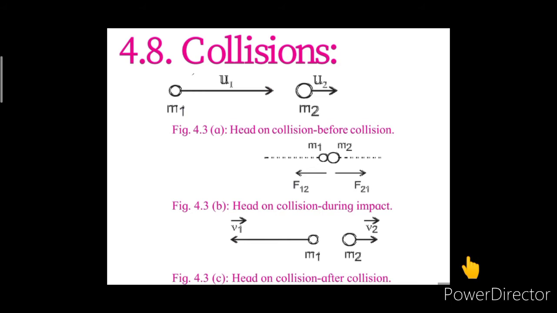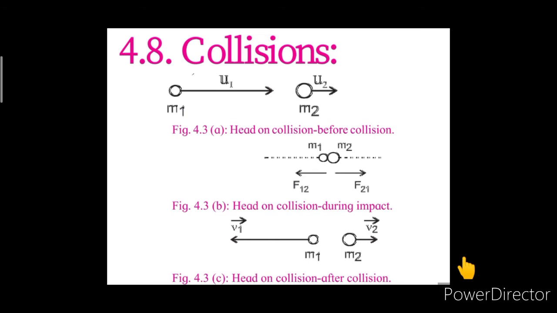During a collision, the linear momentum of the entire system of particles is always conserved, as there is no external force acting on the system. Hence we can say that the total momentum before the collision is equal to the total momentum after the collision.